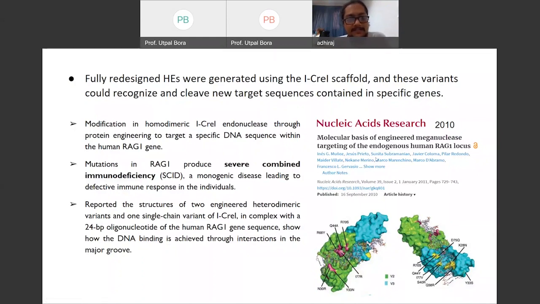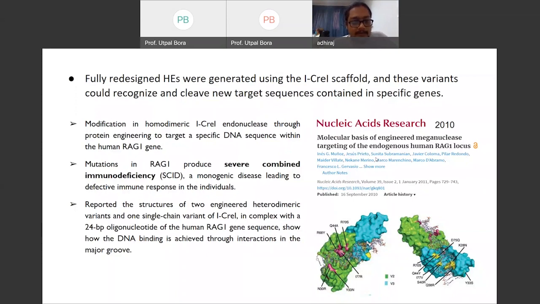So RAG1 is actually, mutation in RAG1 produces a disease called SCID. So anyway, moving forward, the modification in homodimeric I-CreI endonuclease through protein engineering to target a specific DNA sequence within the human RAG1 gene. So as I said, mutations in RAG1 are responsible for the cause of SCID disease.